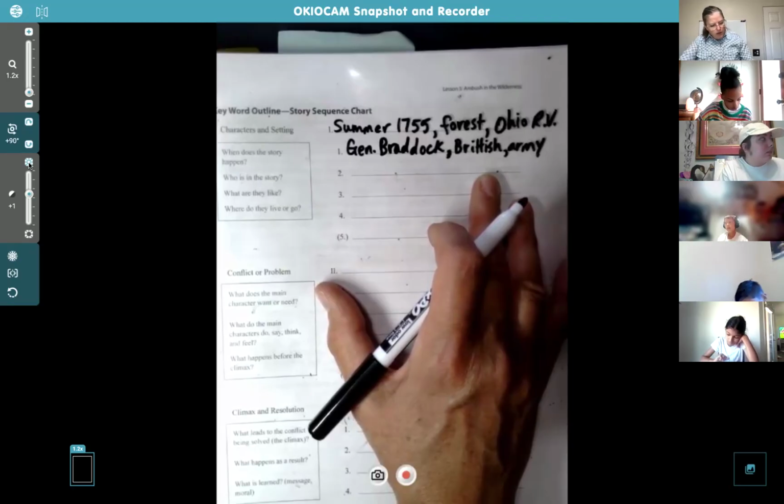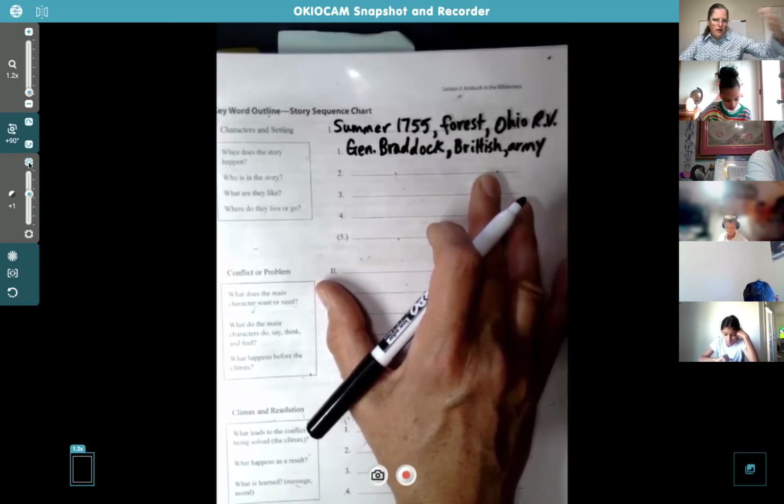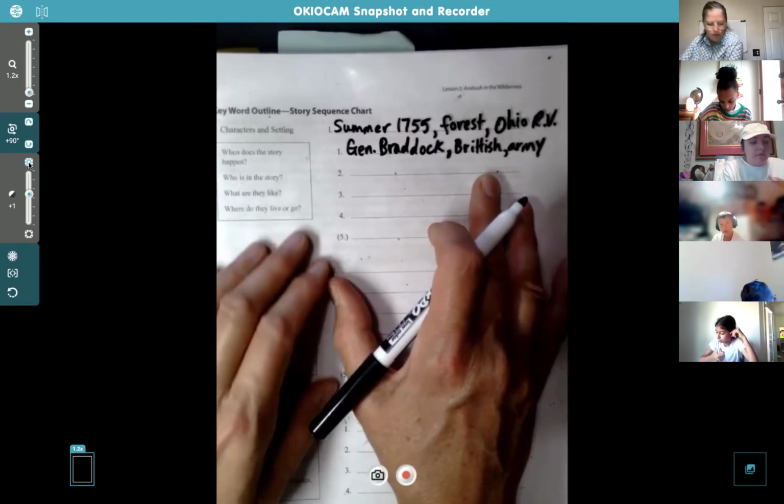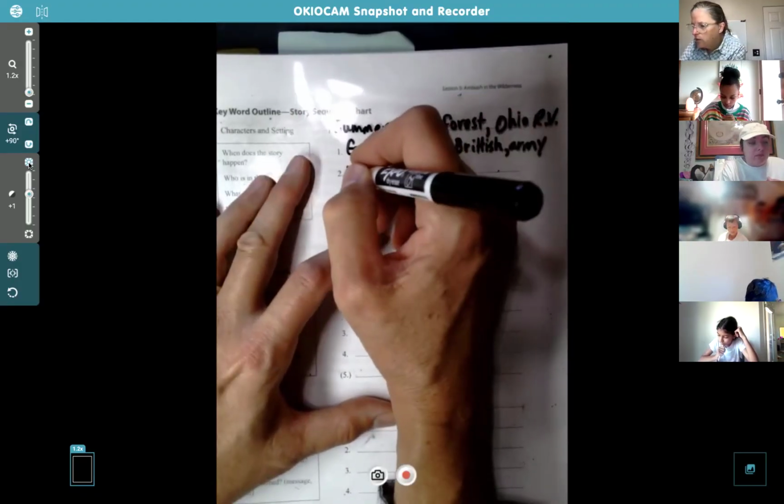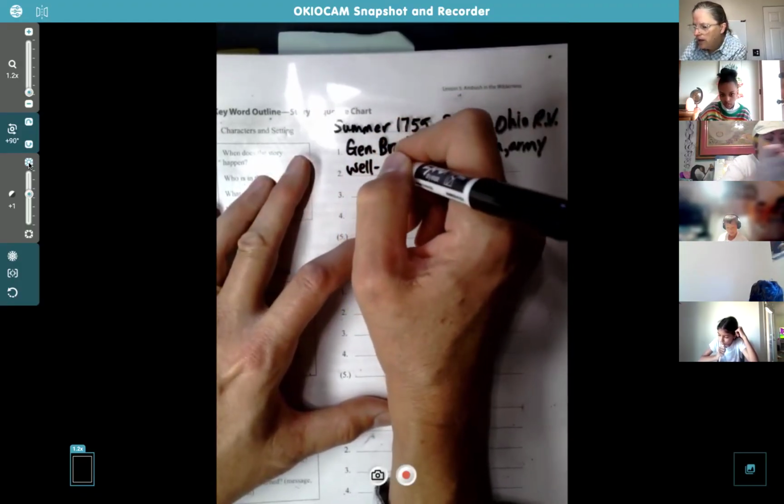Not the dense forests. I wonder how we could put that in the outline. That he was well trained and he understood how to fight in an open field, but he did not know how to fight in a forest. How can we put that on the outline? You have any ideas, William? Well trained. Yeah, and that's a hyphenated word, so I would say we could count that as one. So well trained, and then what?